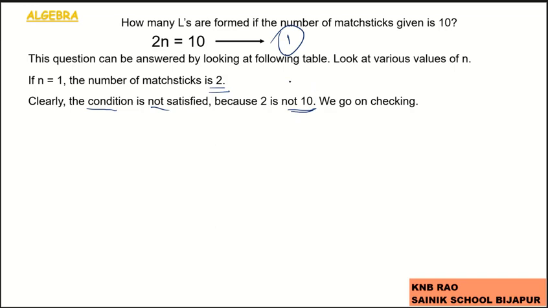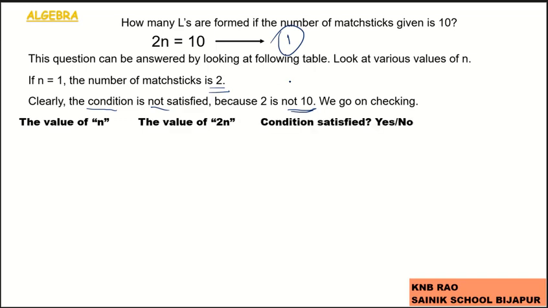So, let us make a table. We will consider different values for the variable n, find the values of 2n, and check whether the condition is satisfied by that value of n or not.